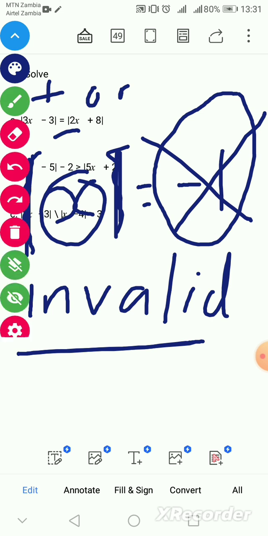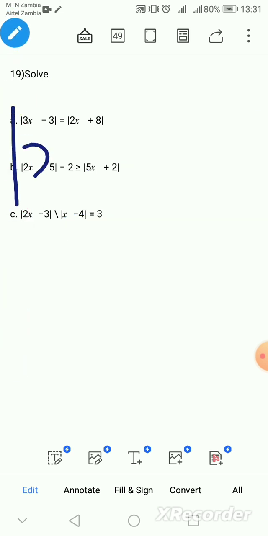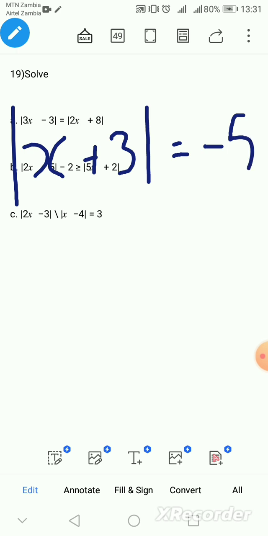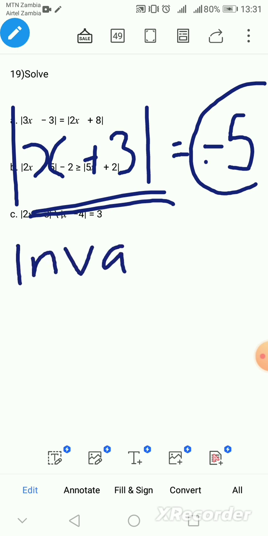So even if you have a complex modular equation, for instance, you are given x plus 3 in a modulus like that, then they tell you it's equal to -5. As long as the outcome of a modular equation is negative, then that equation is always invalid.